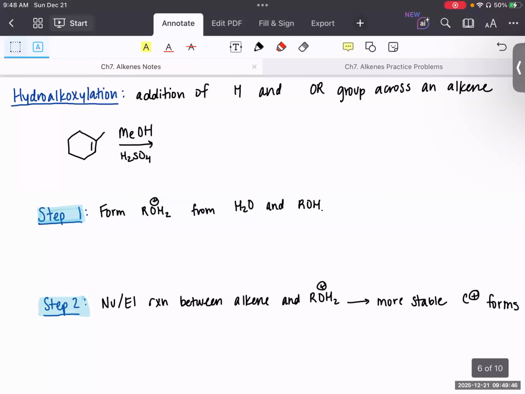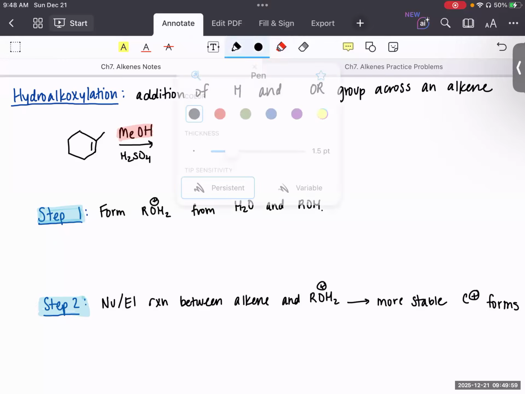All right. So the next reaction that we're going to do is hydroalkoxylation. This one's very similar, except instead of H2O, we're using some sort of other alcohol. And so for water, we have HOH. For alcohols, we have some R group and then an OH.